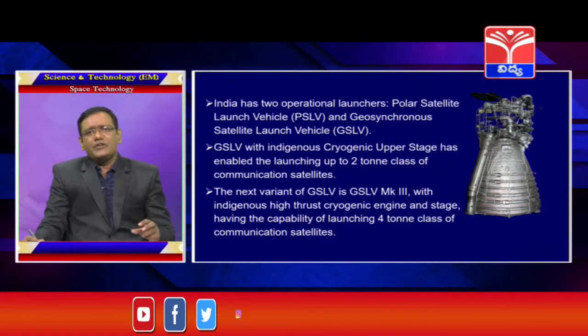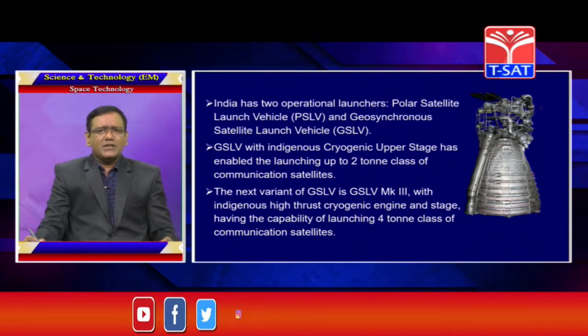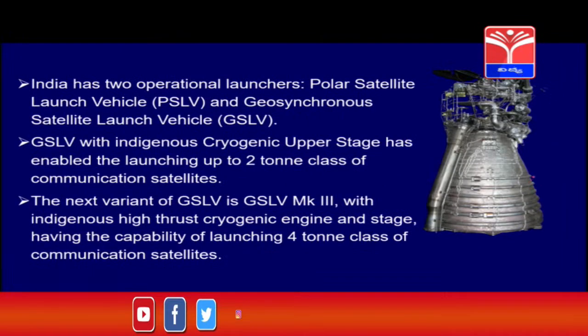So what is this cryogenic upper stage? Cryogenic is a type of engine that uses hydrogen and nitrogen. The cryogenic engine uses liquid hydrogen as the fuel. This liquid hydrogen is very efficient and produces more power.